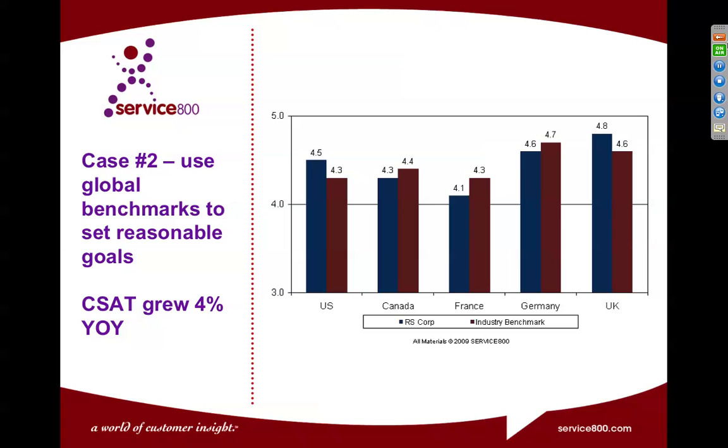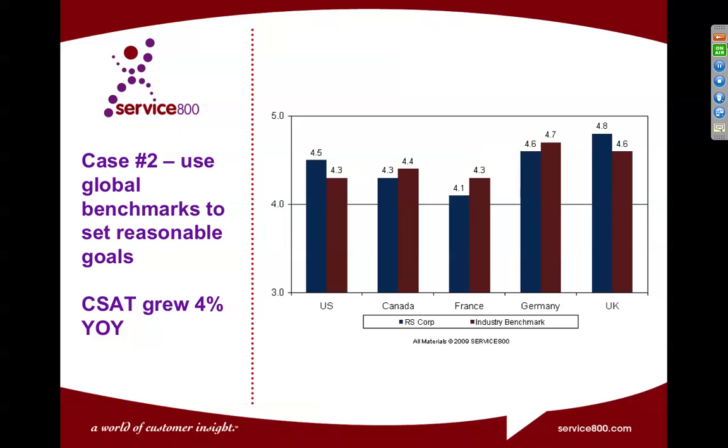And every country manager is responsible for moving his service level to a 4.6. For 3 years, there were certain improvements, but the objective was never obtained.